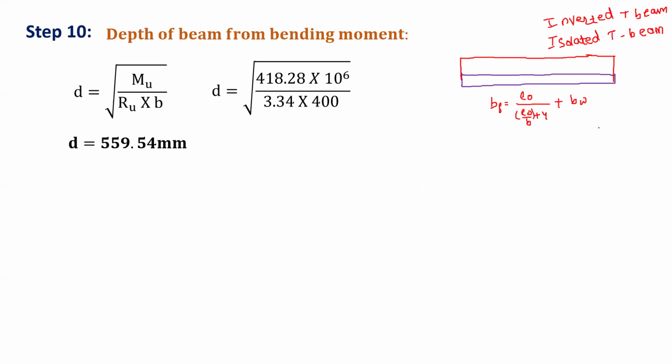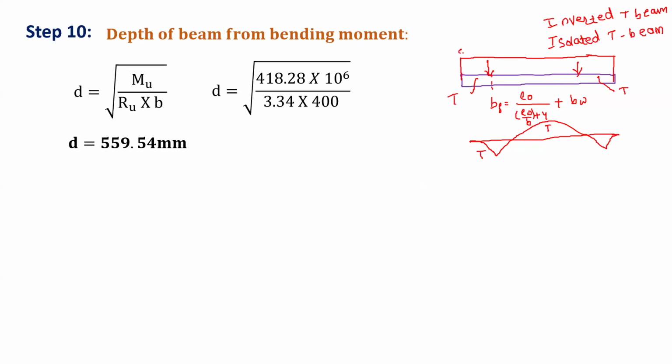Here we do not have L naught by 6 or L naught by 12. So this is an isolated T-beam, and this is an inverted T-beam. Now I have a column on this side and a column on this side. If you see the bending moment diagram in this fashion, in the cantilever portion my tension is on the bottom, and in the middle portion my tension is on top. In the cantilever portion, the slab goes in tension on both sides, and therefore that is of no use.